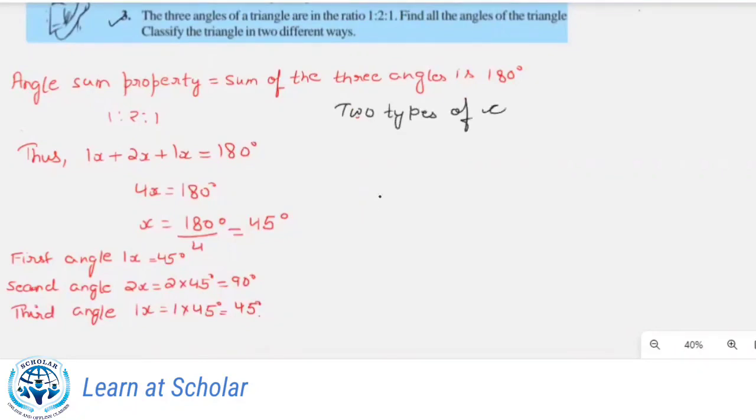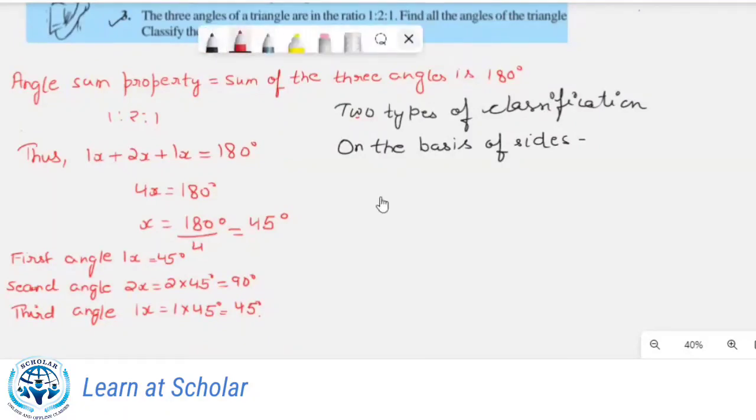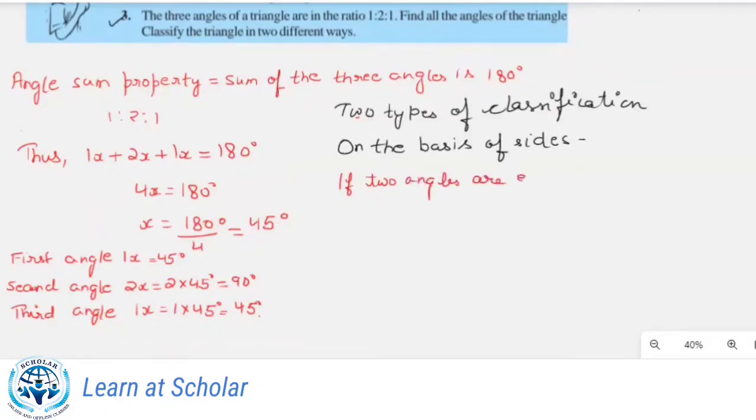Two types of classification. This is the second part of the same question. On the basis of sides. If two angles of a triangle are equal, obviously the two sides are also equal.